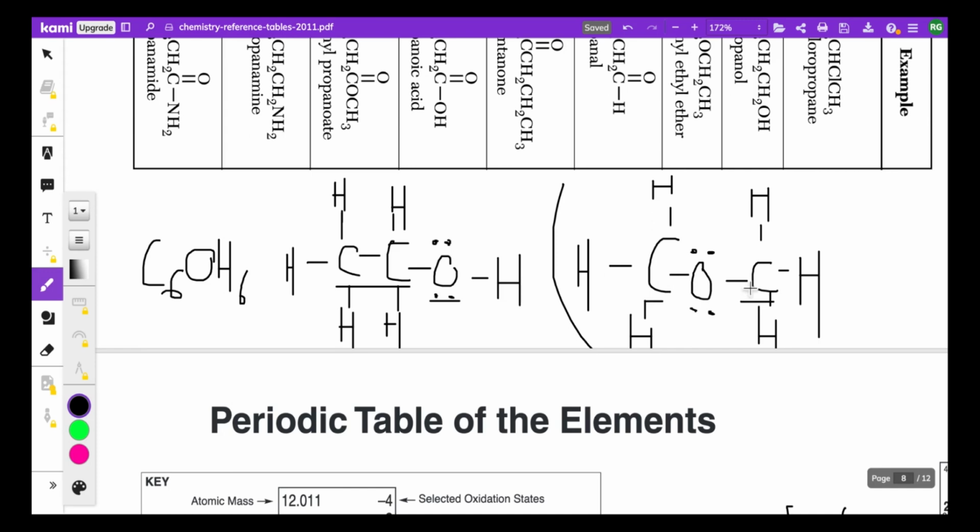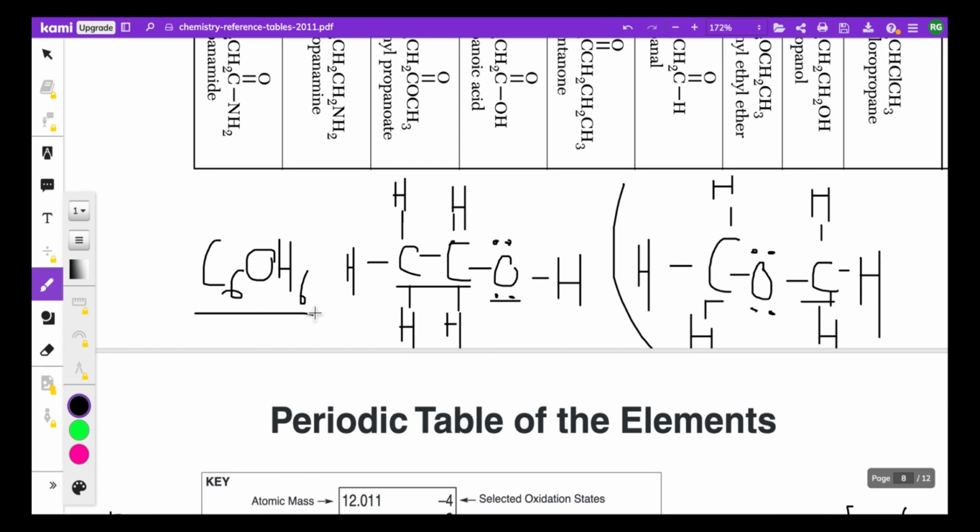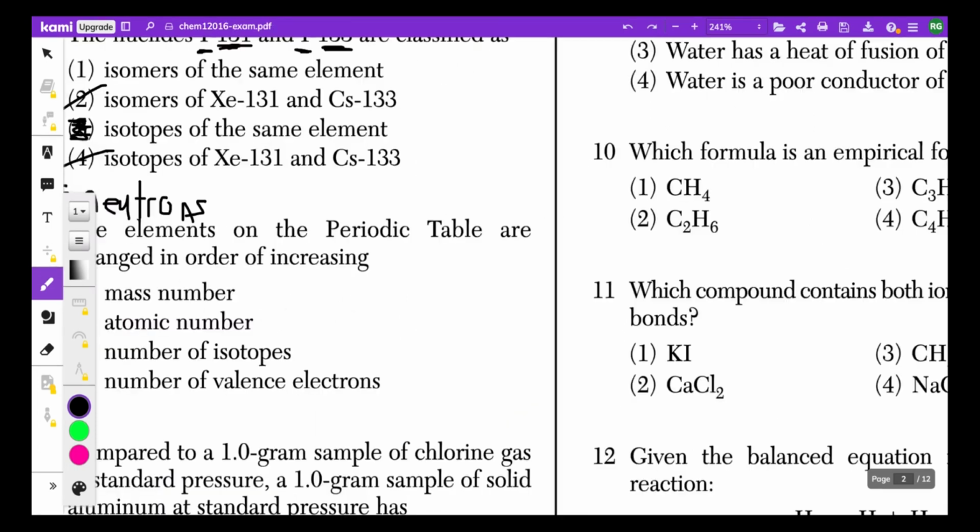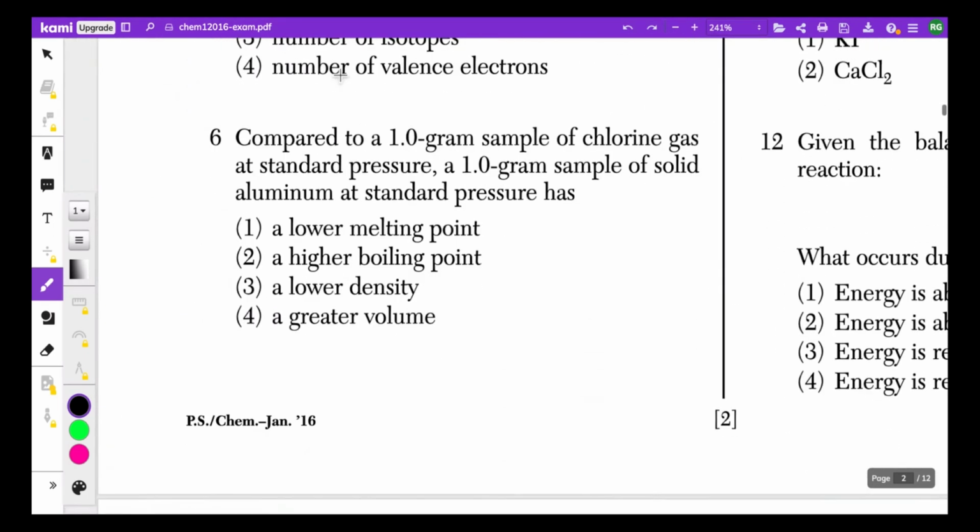So they have the same type of elements and the same amount of those elements, but obviously their structure is different. In this one, the oxygen is sort of on the outside. In this one, the oxygen is kind of in the middle. So isomers have the same molecular formula, but structurally, they're different.